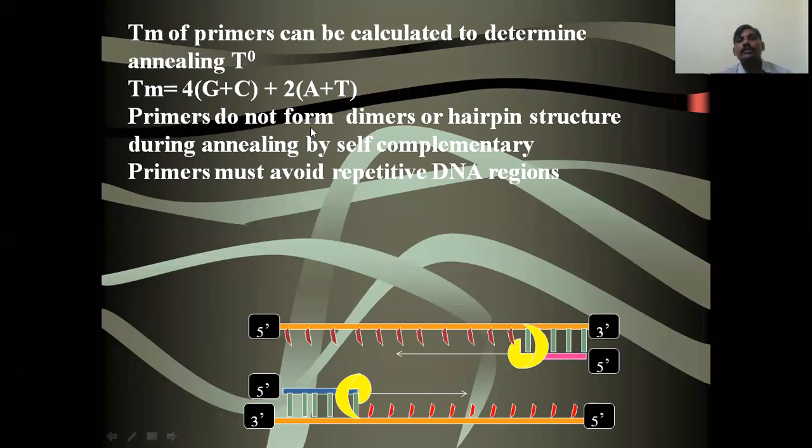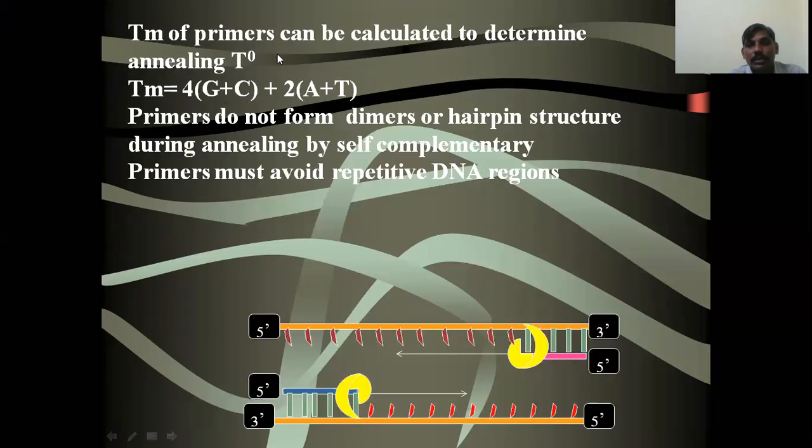Melting temperature is the temperature at which the two DNA strands dissociate and separate.